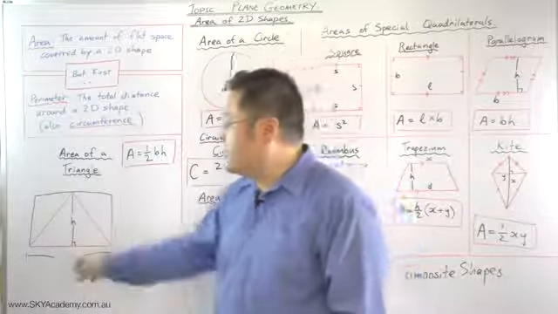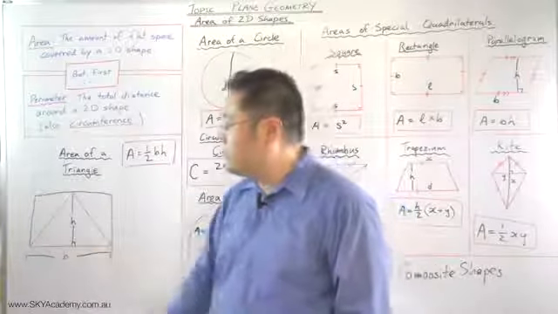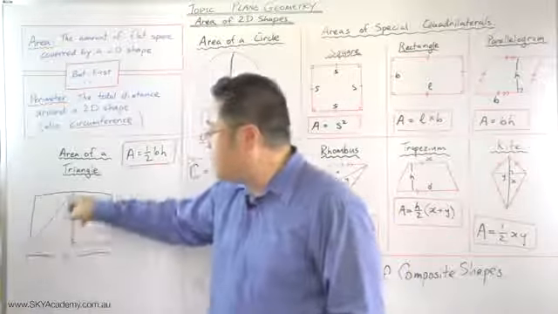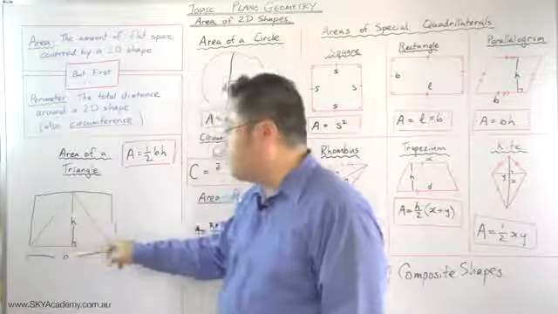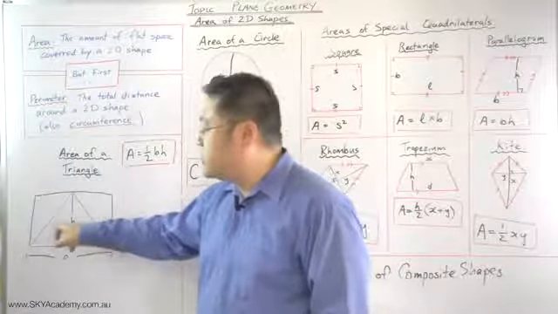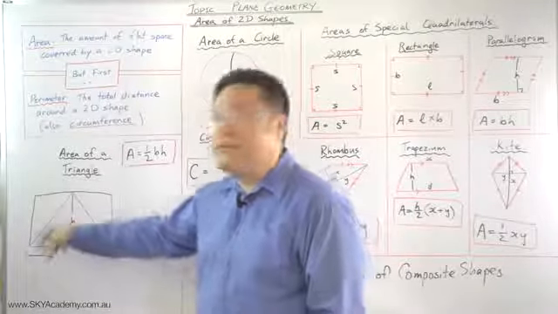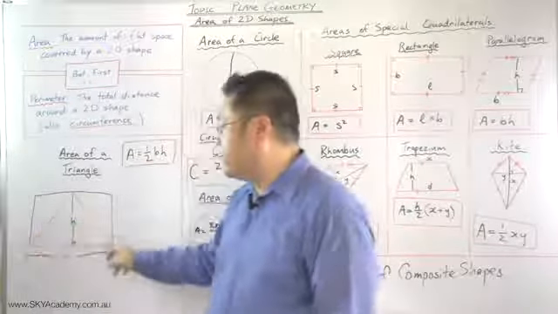And you can easily show that by drawing a rectangle around that triangle and saying, well, that triangle can be represented by this right angle triangle and this right angle triangle. If you add these two smaller right angle triangles together, then that will represent the area of the bigger triangle.